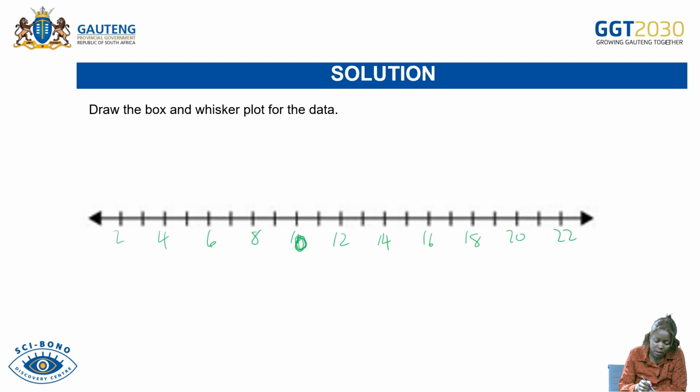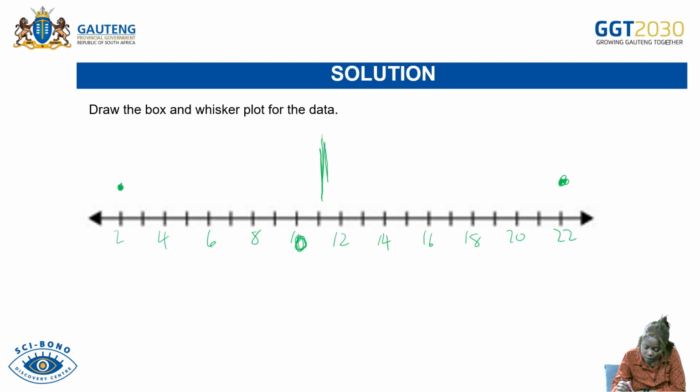Okay, so my minimum value is going to be here at 2. My maximum value is going to be there at 22. Then my median is going to be here at 11.